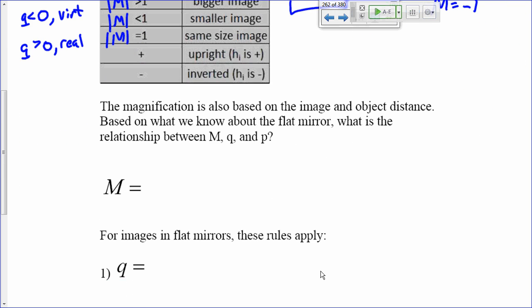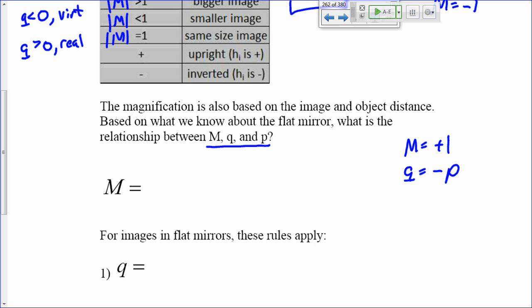Now, there is a relationship also between M, Q, and P. What do you think that is, just based on what we know about a flat mirror? Remember, what we know about a flat mirror is that M is equal to +1, and we also know that Q is equal to -P. So what do you think is the relationship between M, Q, and P?